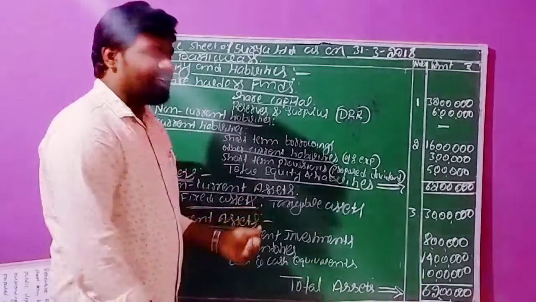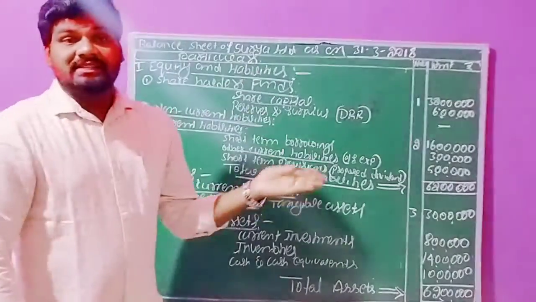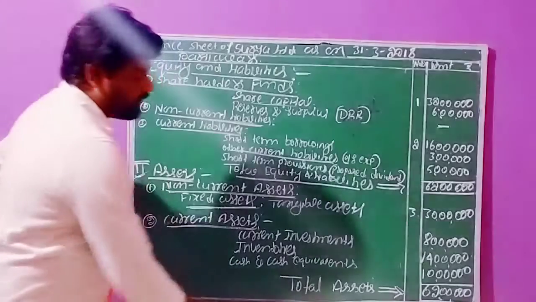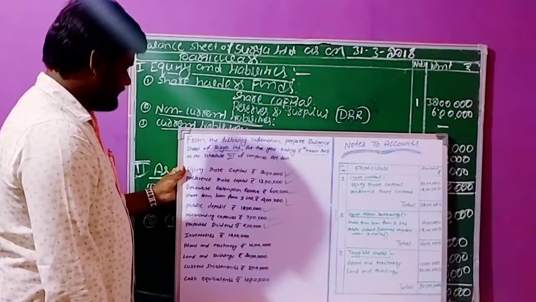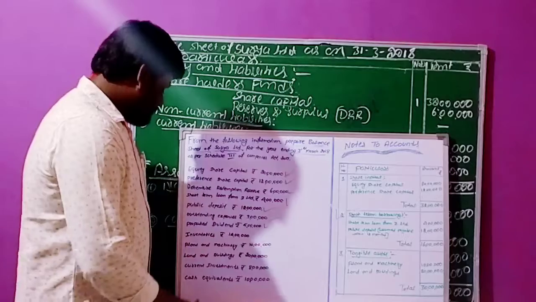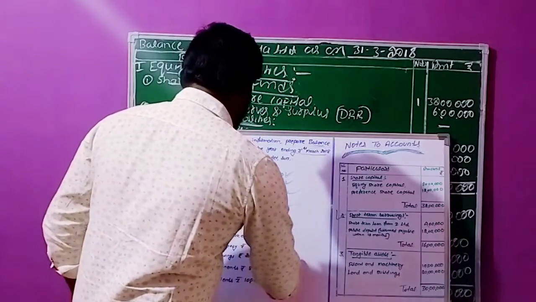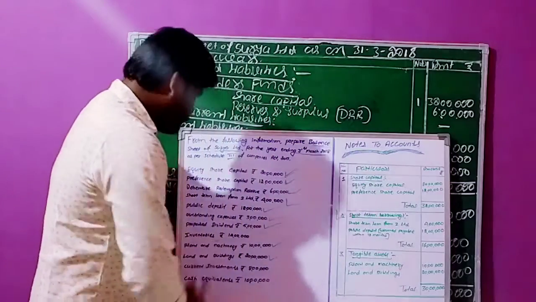In the fixed assets we have two types, namely tangible assets and intangible assets. But as per the given information, there is some information regarding tangible assets. Tangible assets means plant and machinery as well as land and building.